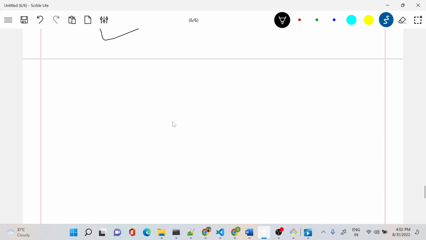So how are we going to update our M and C value? M new equals M old minus learning rate times dR by dM.